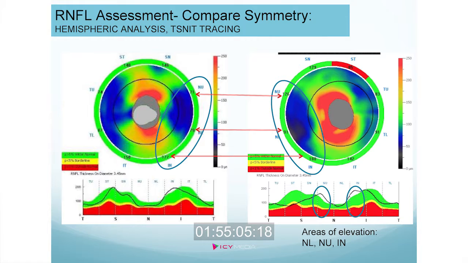If the number is normal and it matches the age-related norm, it's going to be green. If it's outside statistical significance, it's going to be highlighted as yellow or red. If you want to actually look at the thickness numbers in microns on a color scale, you have to look inside the contour of the nerve.